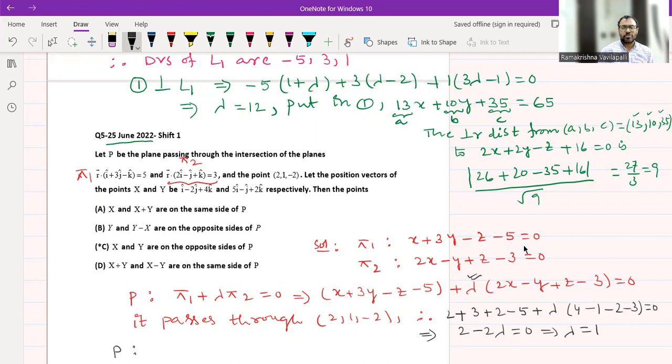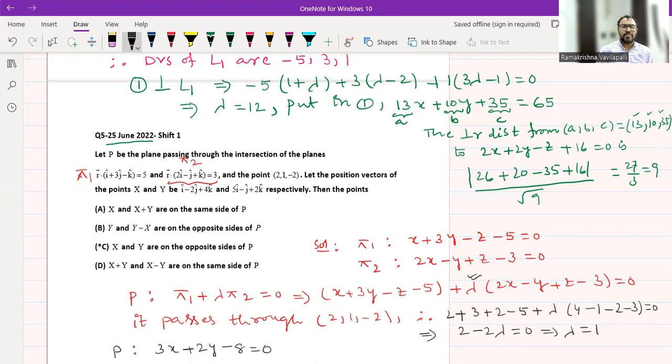You will get x plus 2x, 3x. And this is 3y minus y plus 2y, minus z plus z becomes 0, minus 5 minus 3 minus 8. So this is the plane.